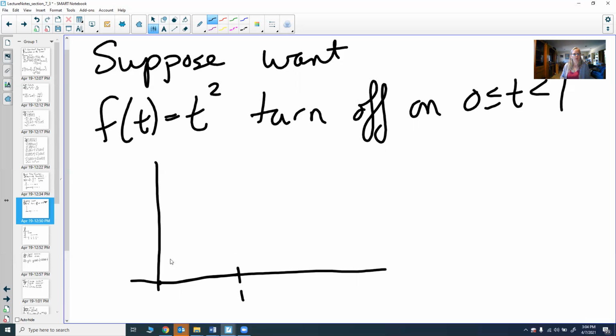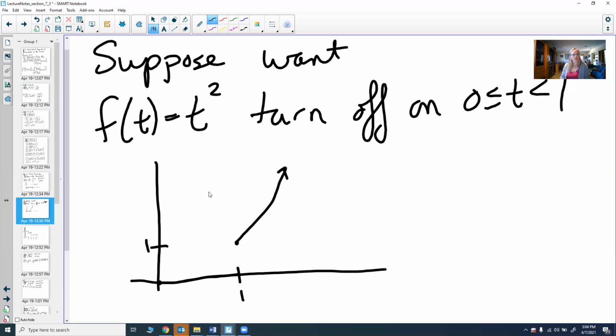After that, we want it to look like t squared, which is a parabola. And we know that 1 squared is 1, so we're going to be at that value there, and it's going to be a parabola from there on out. So it's going to look something like that. We have a parabola from 1 on, but 0 before that.